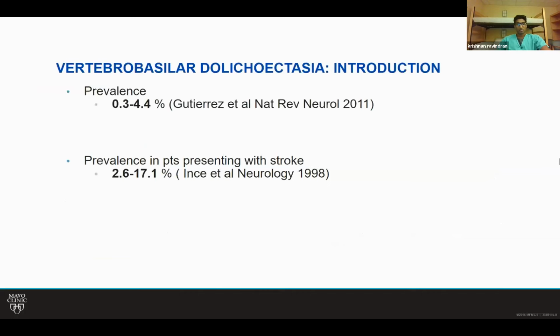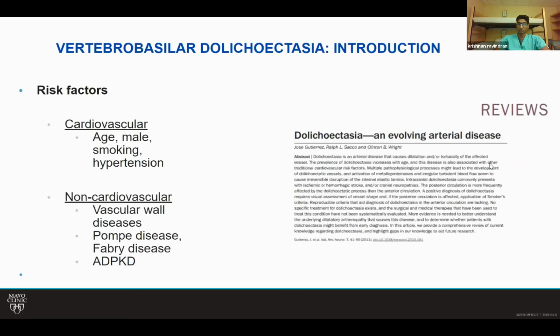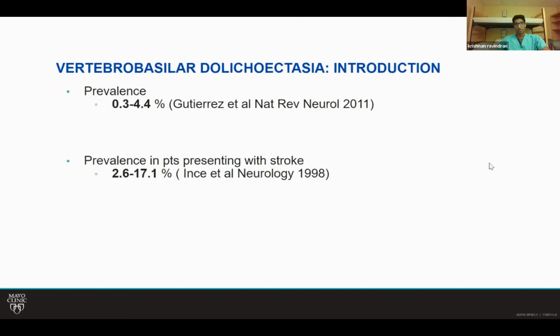The prevalence of dolichoectasia was previously thought to be underreported, and a relatively recent Nature Reviews Neurology paper by Dr. Gutierrez, seen here, categorizes a range of prevalences pushing upwards of 5%, which is relatively high.